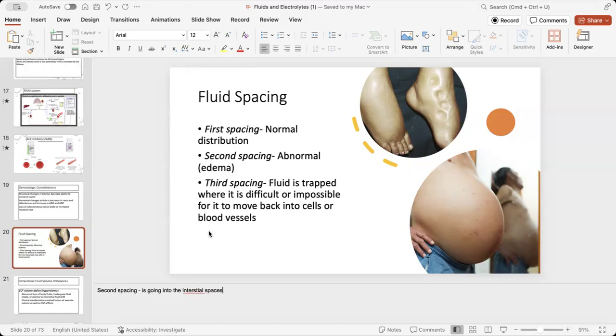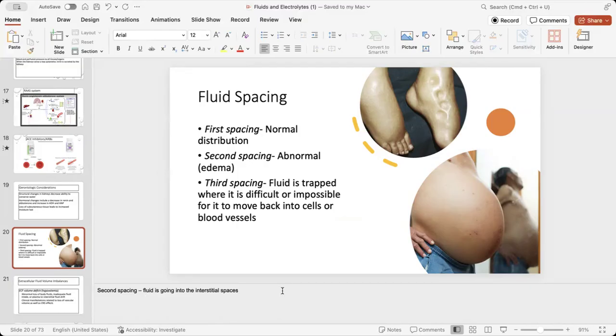Okay, you could see heart failure. Fluid overload. What else? Could be liver failure. What if I just sprained my ankle? Could I see some edema that way? Right, yeah.